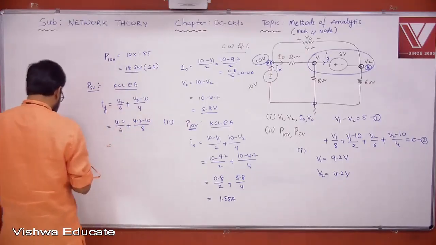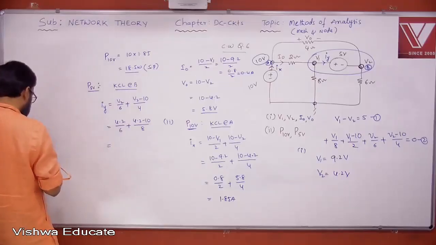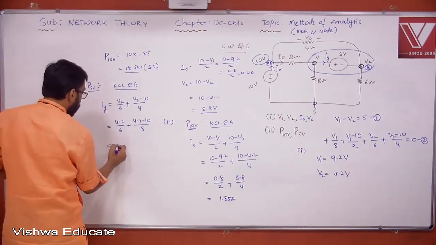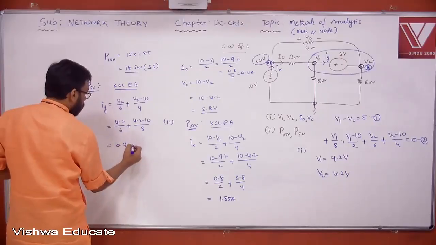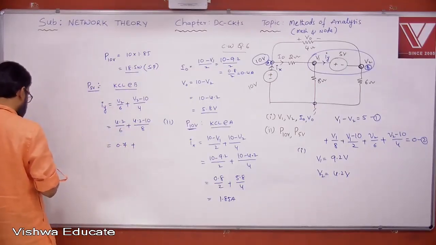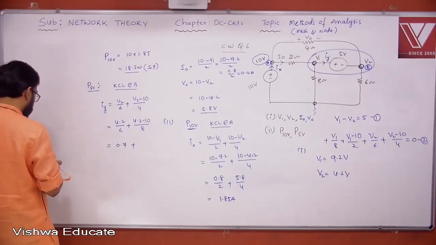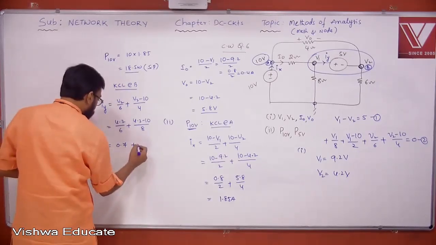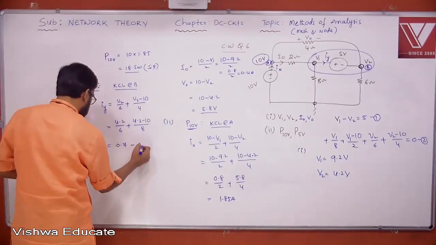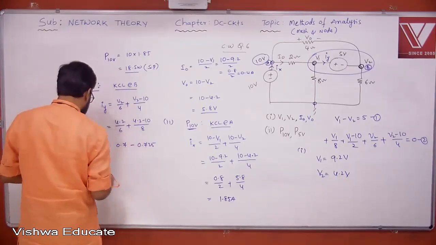So what is that value actually? 4.2 by 6, you get 0.7 plus 4.2 minus 10 divided by 8, that is minus 0.725.